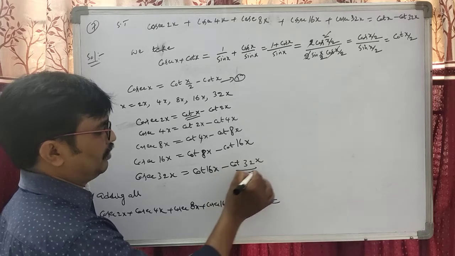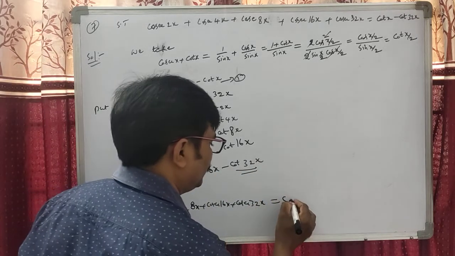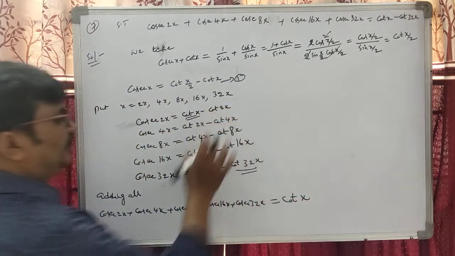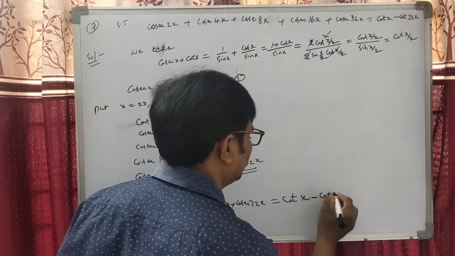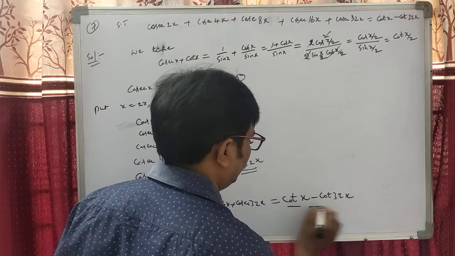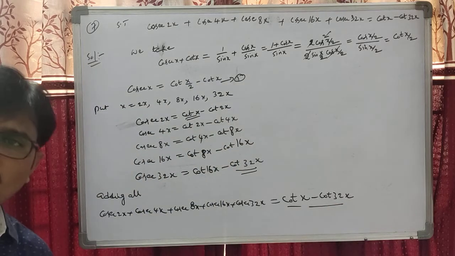What is remaining? When you add all these, all terms are cancelled except cot x and minus cot 32x. Do you understand, students? This is the value.